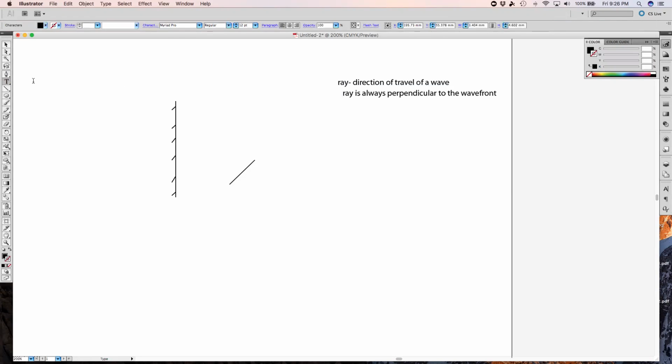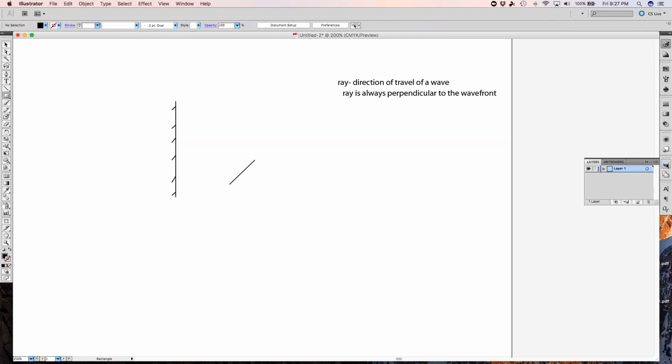So I don't really have a protractor, but I can make one by creating a square. I need to put this in another layer.